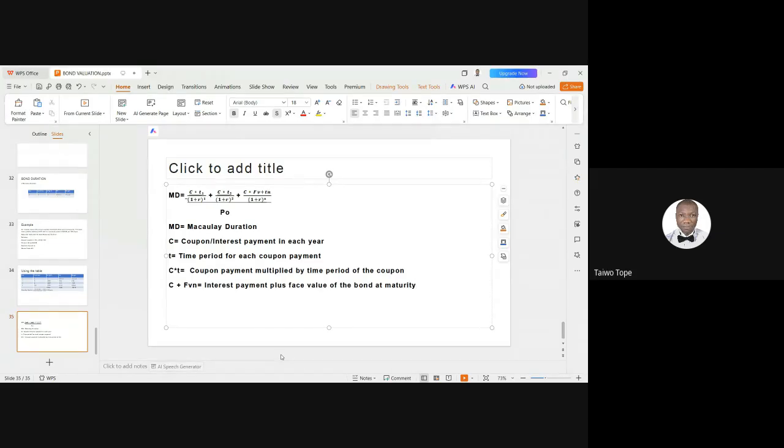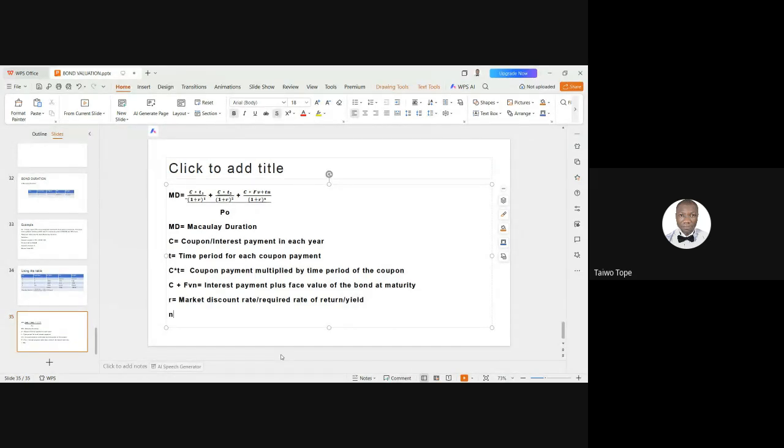What else? We have our R. The R is the market discount rate, or the required rate of return, take note of these words, or the yield.